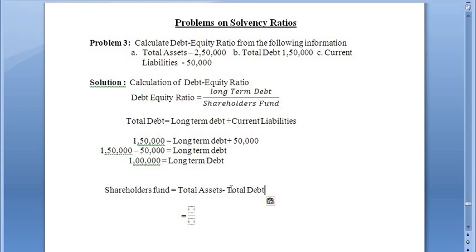If you want, write liabilities in brackets.